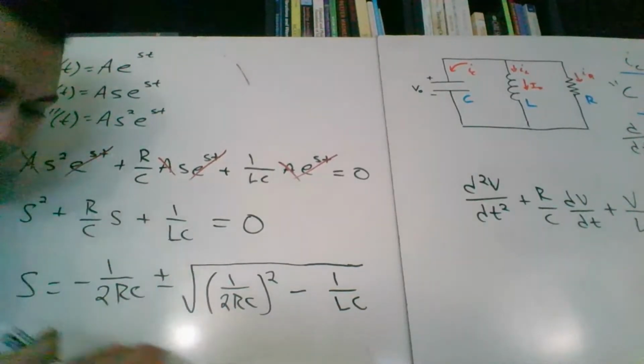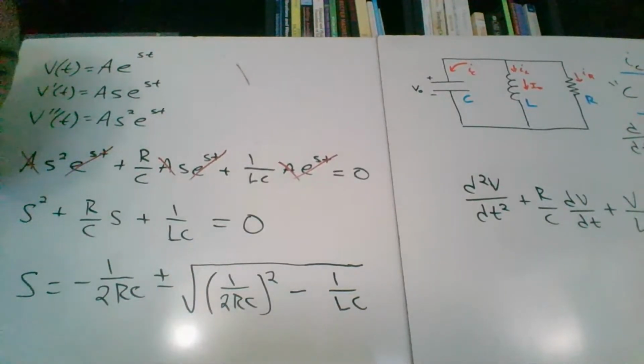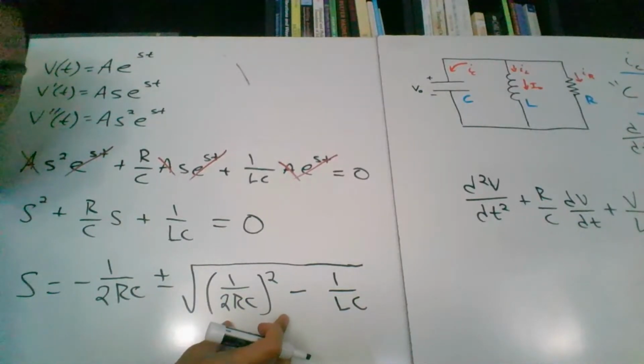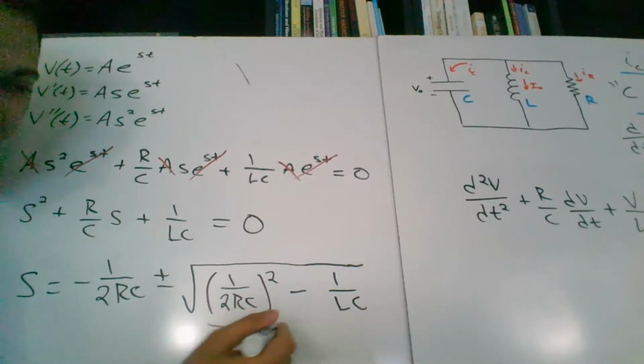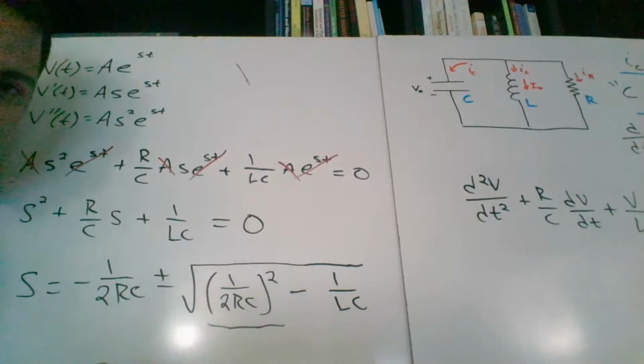Now, the second part of this equation that you can find interesting is what's inside the determinant. So if this term right here is bigger than this term right here, well, you'll get two real solutions.